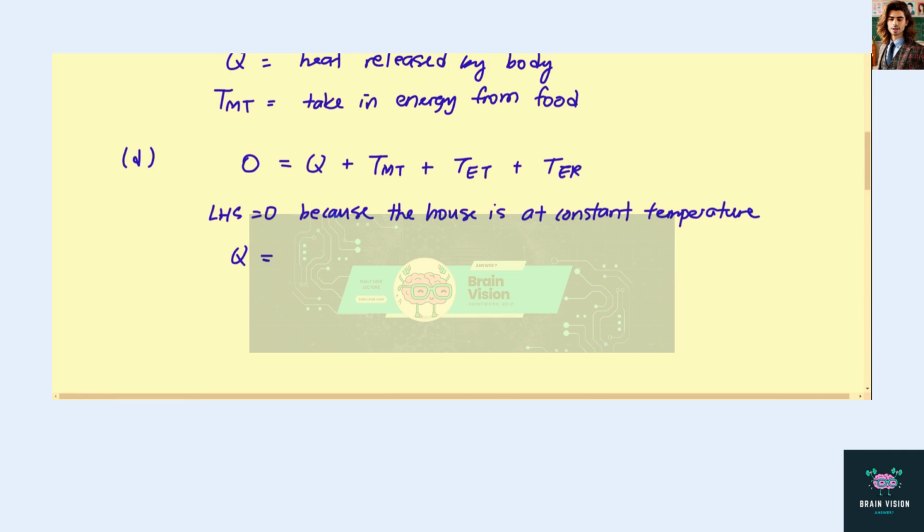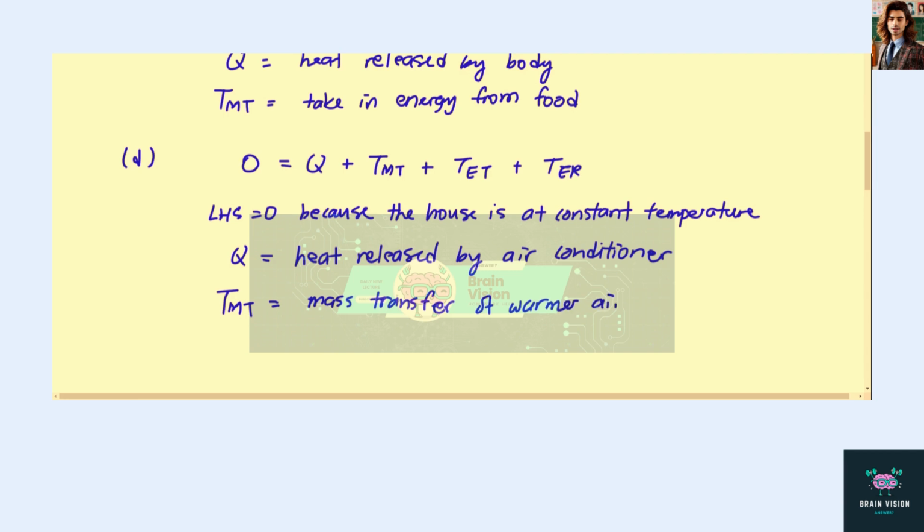The Q is the heat released by the air conditioner. The TMT is the mass transfer of warmer air in the air conditioner.